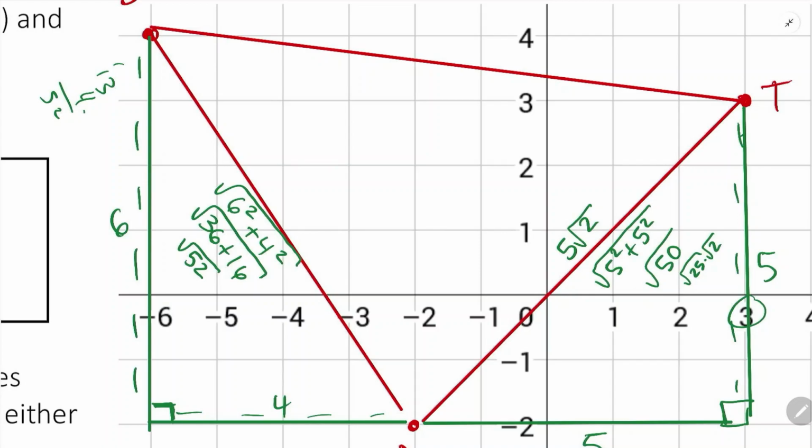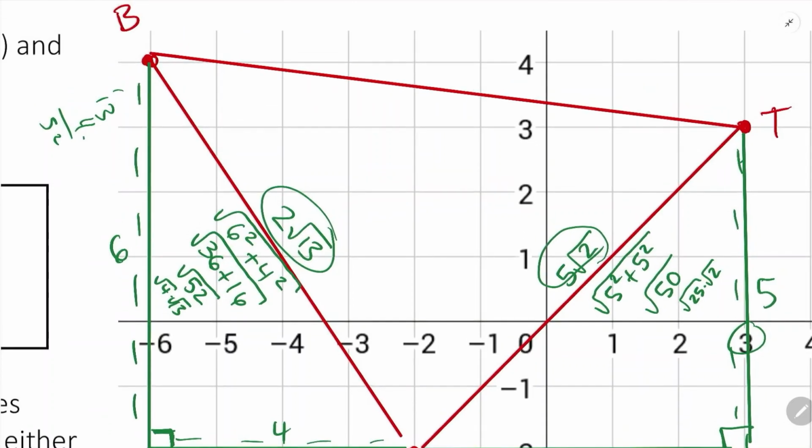Yeah, so this is 4 times 13. So I can say that this is the same thing as the square root of 4 times the square root of 13. Your calculator will call this 2 root 13, and you don't have to do any work to get that. It'll show you that value. So I've got 5 root 2, and I've got 2 root 13. The last thing I need to know is the length of B to T.